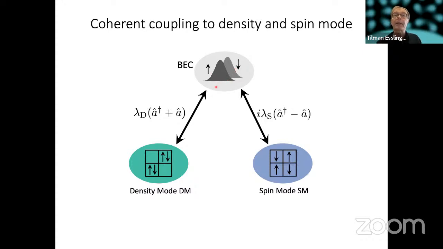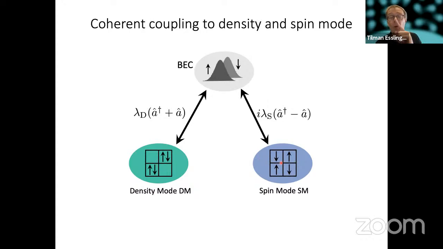You can couple one quadrature of the light field to the density mode, and the other quadrature of the light field couples to the spin mode. Depending on the polarization of your driving field, you are either in one situation or the other.